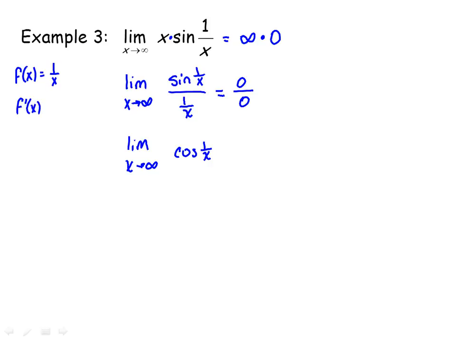What's the first thing you want to do? Ooh. Question. I knew, because I practically screamed it at you, that I cannot cancel this 1 over x with this 1 over x because this 1 over x is an argument and this is an actual constant. Can I cancel this negative 1 over x squared with this negative 1 over x squared?